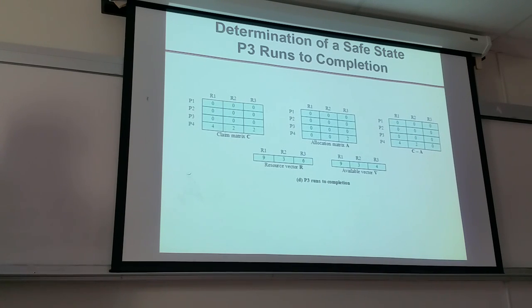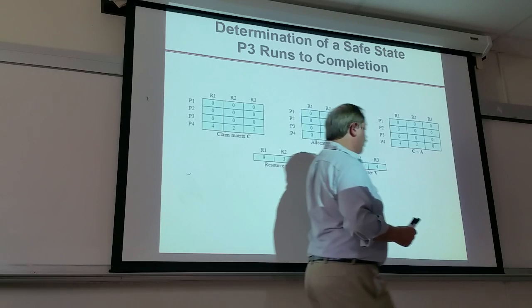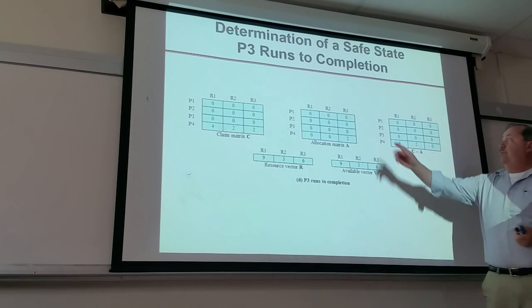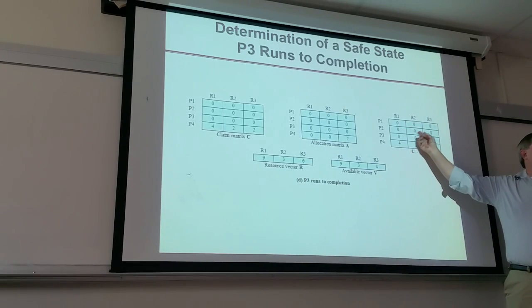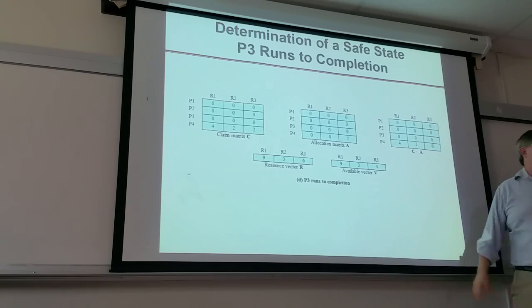So we declare this safe and allow that request to proceed. The reason why we added that additional matrix is because we're running this over a number of processes, which means I don't want to do this same math over and over again. You just want to calculate it once, and then just reuse it.